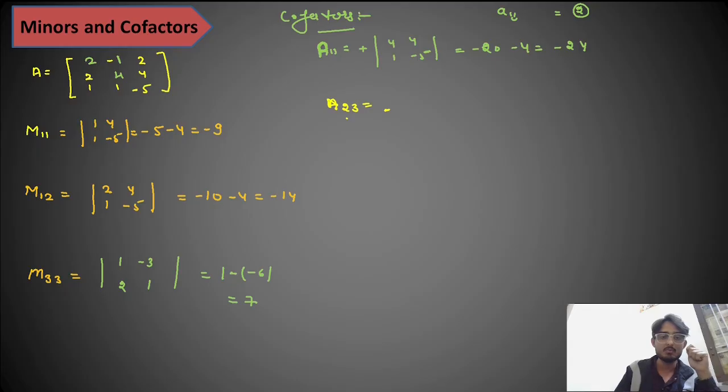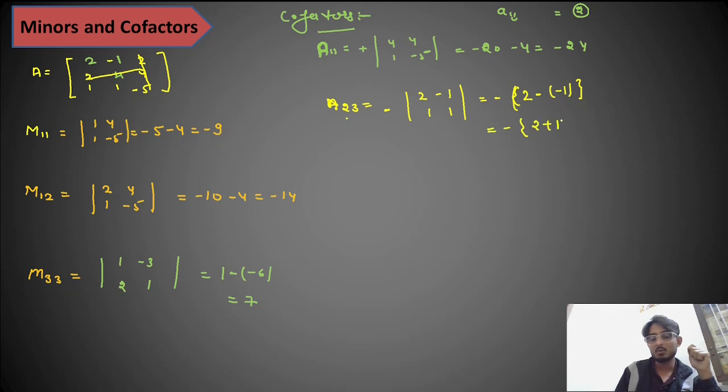There is the second row and there is the third column. When you eliminate this second row and third column, the remaining elements are 2 minus 1, 1 and 1. Now you will solve this. 2 ones are 2, minus 2 ones are 2, minus 1 ones are 1, and you will get minus 2 plus 1, 2 and 1 equals 3. So you will get minus 3.